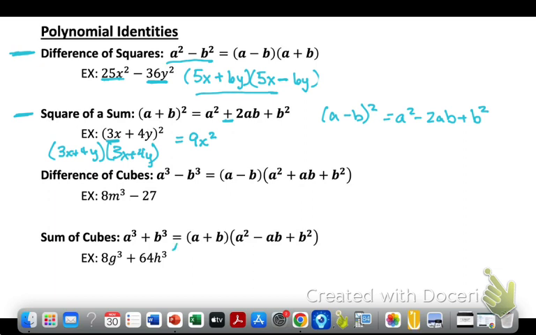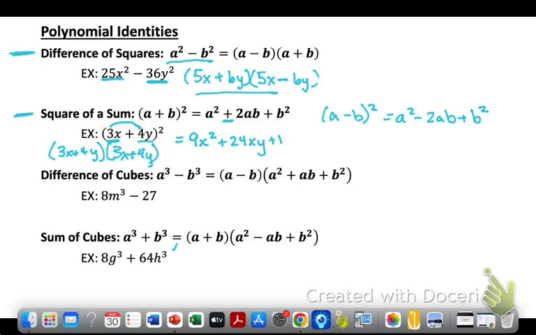I multiply 4 times 3, so it's 12. And then I multiply that times 2. So 24xy. And then you square the last.